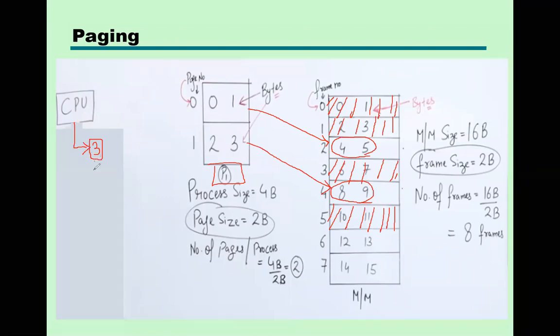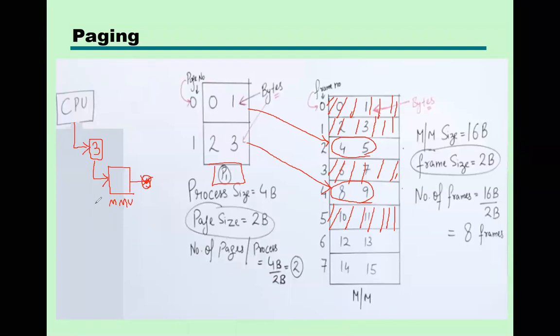So the CPU wants byte number 3, so it contacts the memory management unit, MMU, and the memory management unit provides the byte number, that is 9. In this way, the CPU gets the respective byte location, so that this byte will be loaded from main memory to the CPU, right?